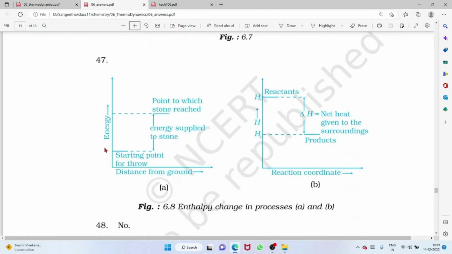See here, they have given the starting point of the stone, then the point the stone reaches when you throw it. And this is for the reactants, products and reaction coordinates. Enthalpy change in the process.